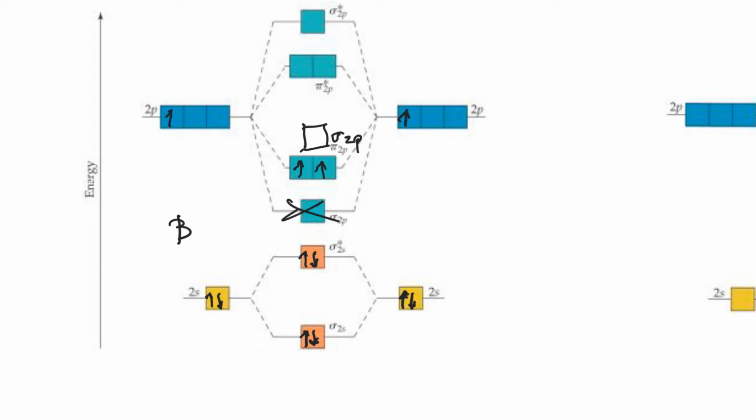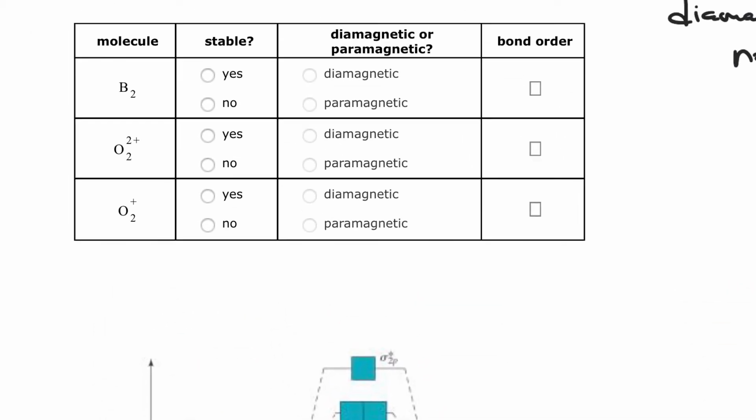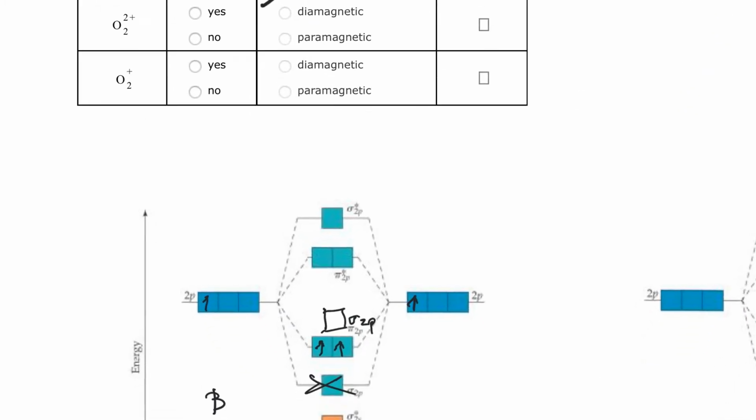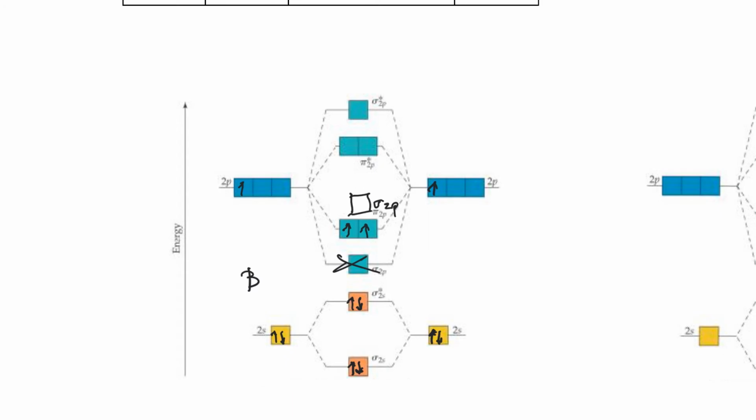So if they're unpaired, what's going to happen with boron? It's going to be paramagnetic, since it's unpaired. Let's do the stable and the bond order also. Bond order just means you subtract all of the antibonding from all of the bonding.